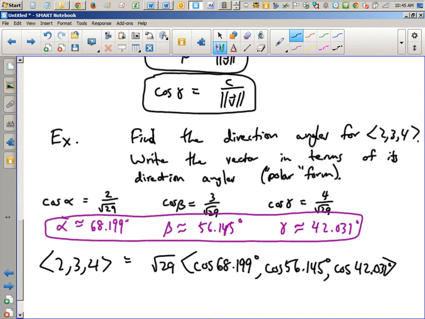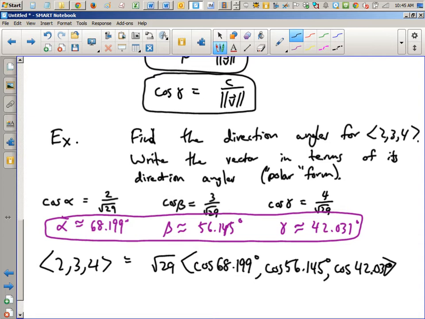You might say, Mr. Shore, why are you using cosine all three times? I thought in polar form we do cos theta, sine theta. We are not in that world anymore. We're not in the world of theta anymore. We're off the plane. So it turns out that they decided to go ahead and use cosine all three times for this. There's no sines at all.